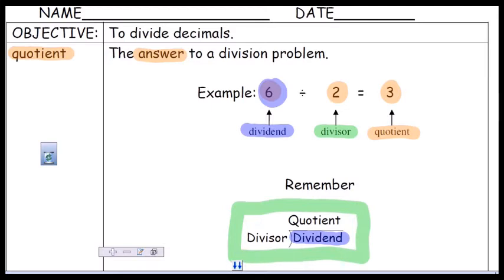The divisor is the one that you divide by, the second number, and that goes on the outside. And the quotient is the answer, so you will find it on top of the division bracket. Make sure you know where these numbers come from, because this is very important whenever you're dividing whole numbers and decimals.